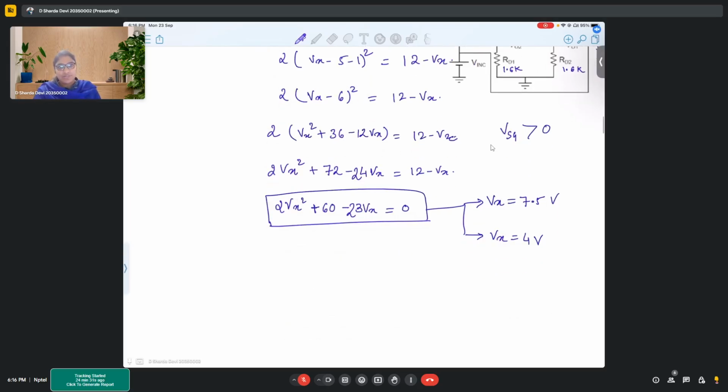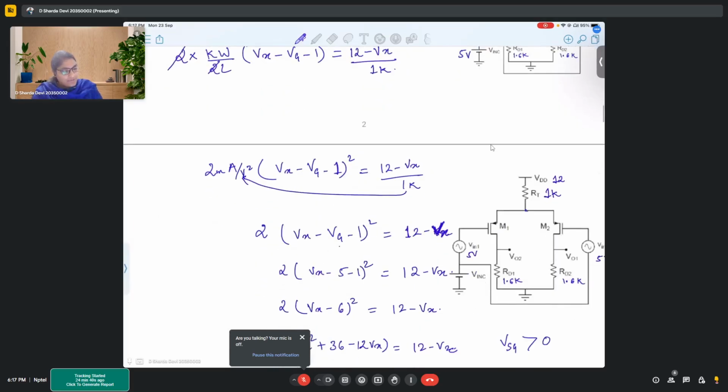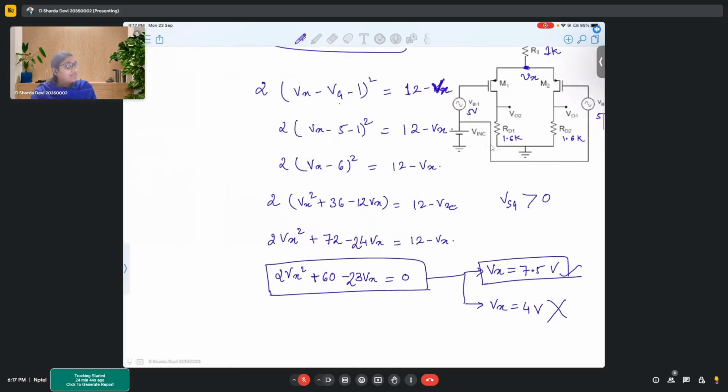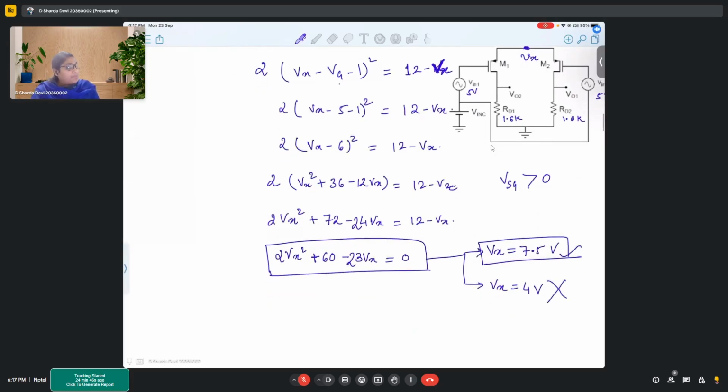That is not possible, right? So the value of Vs is 7.5 volts. So that means at this point, Vx is 7.5 volts. Now this we know.